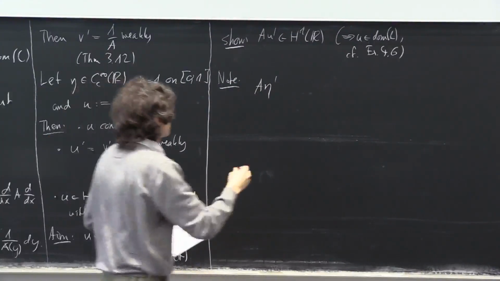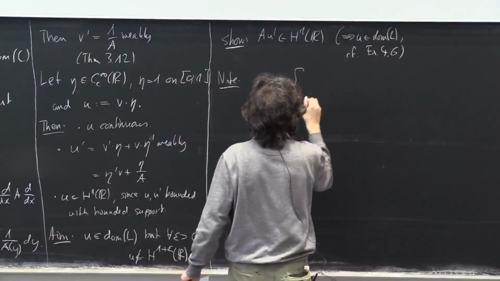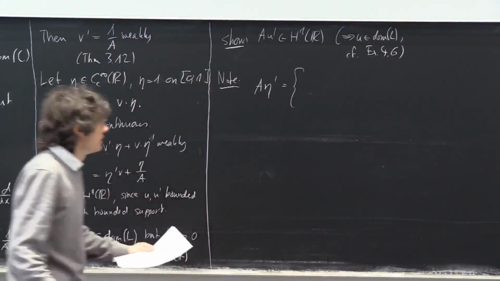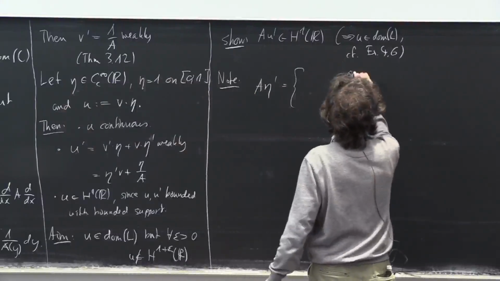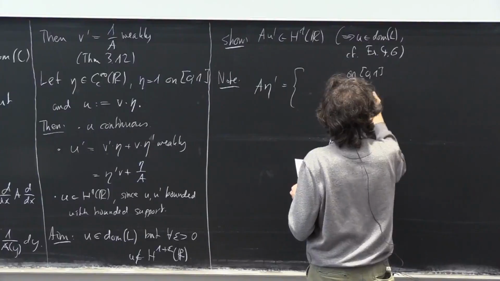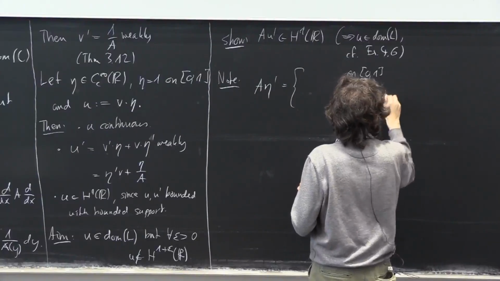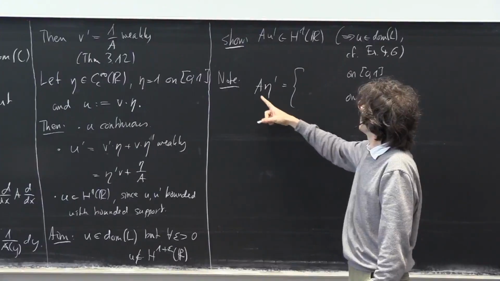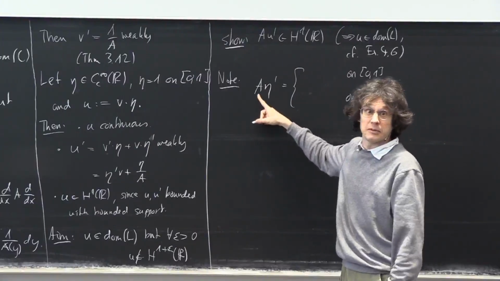And now there are two cases. If you are on 0, 1, or if you are outside of 0, 1. What happens in 0, 1? Now in 0, 1, this function is awful.